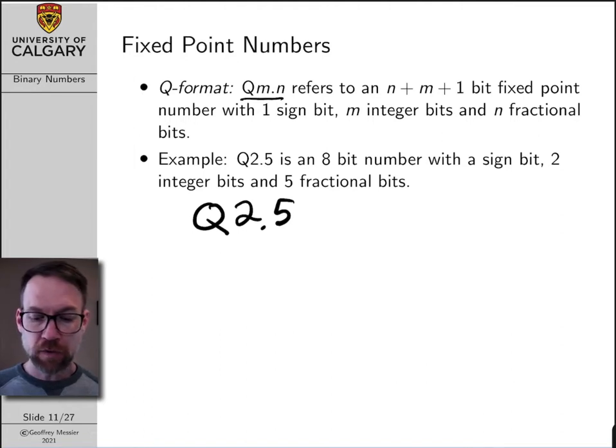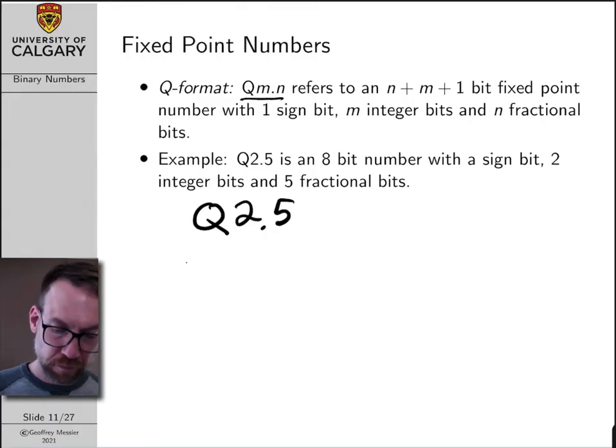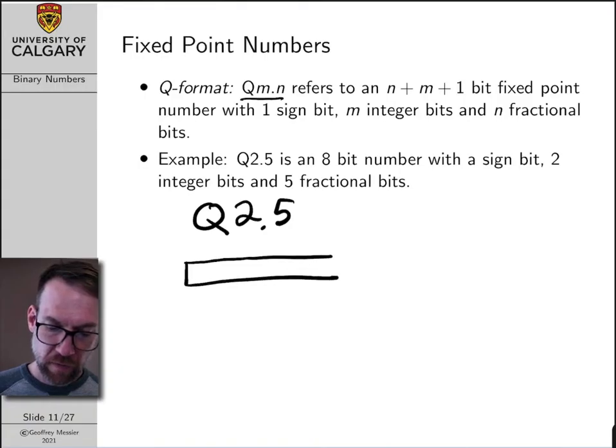And always with fixed point numbers, there's an additional bit that we use for the sign bit. And so a Q 2.5 number is actually an 8-bit number. We start off with a sign bit. We then have 2 integer bits, which I'll represent as 2 W's.